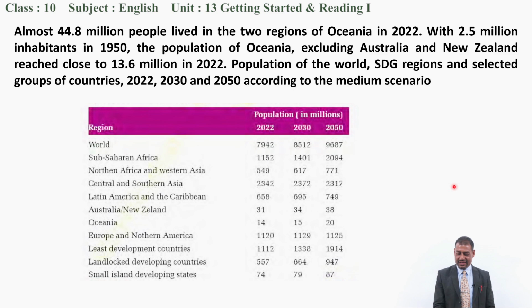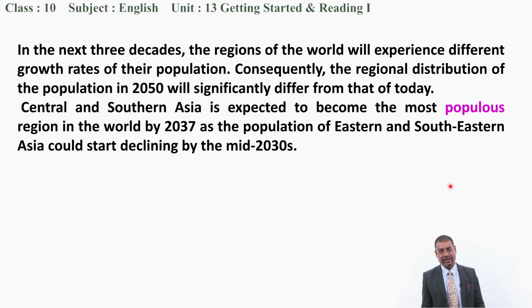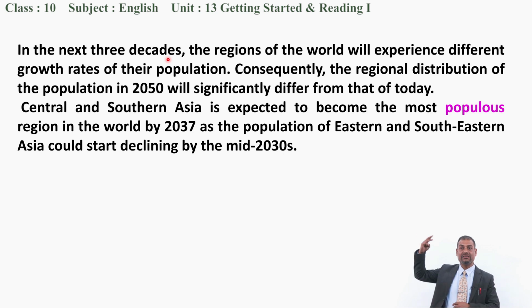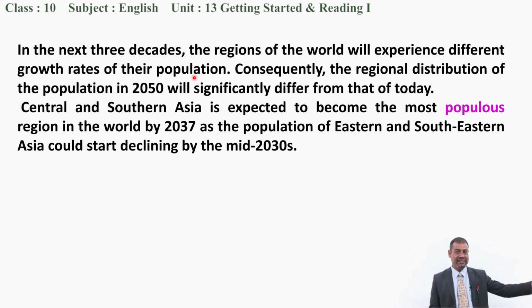Okay, dear students, after this we are very near to the end of our class, so don't forget to read this paragraph again. In the next 3 decades, in the next 30 years, again, the regions of the world will experience different growth rates of their population, different growth rates. Maybe somewhere less, somewhere more.